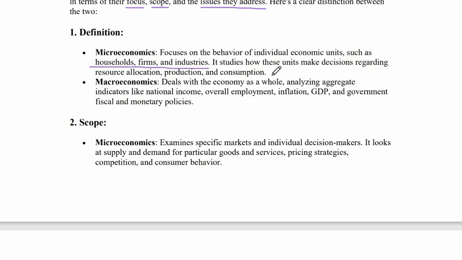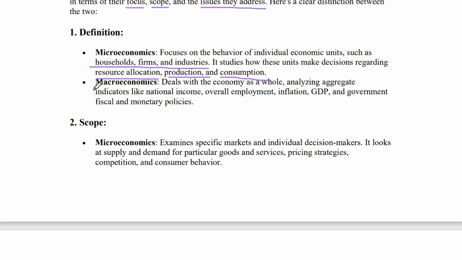It studies how these units make decisions regarding resource allocation, production, and consumption. So these three are very important. Microeconomics studies these units, that is households, firms, and industries, and how they make decisions regarding allocating resources, producing, and consuming, that is production and consumption.